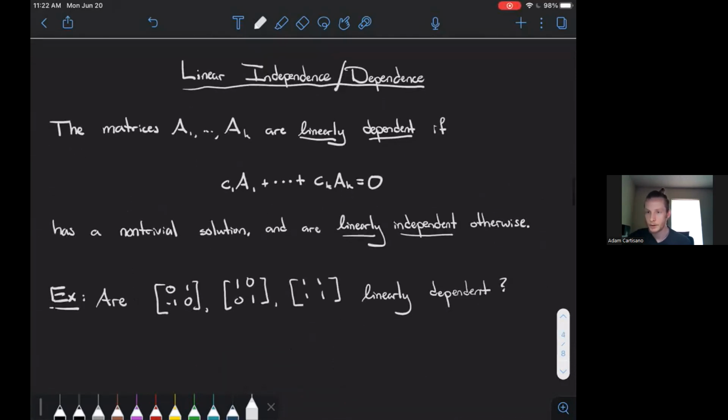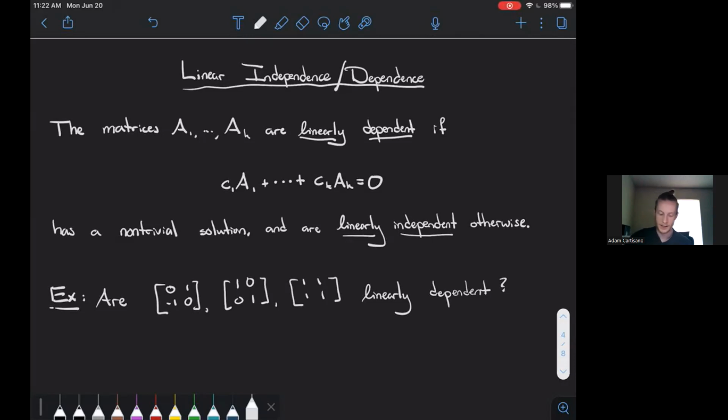Okay, we can talk about span, we can talk about linear combinations, then we should probably be able to talk about linear dependence versus linear independence, right? Of matrices, not just of vectors. So the definition for linearly dependent matrices is the same as that for linearly dependent vectors.